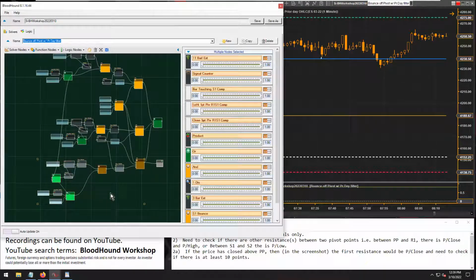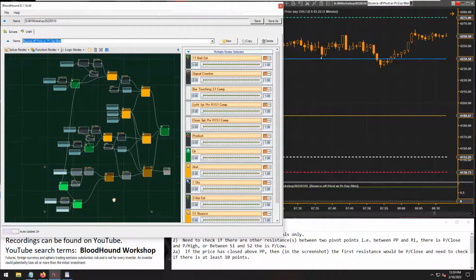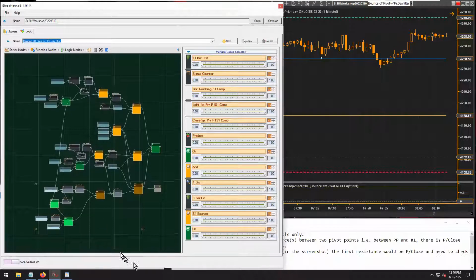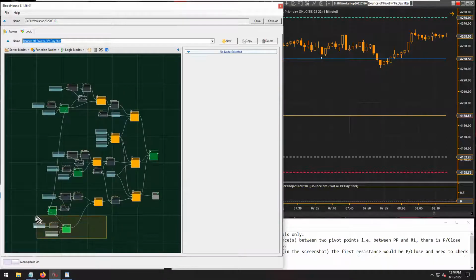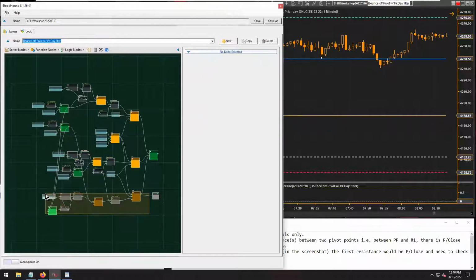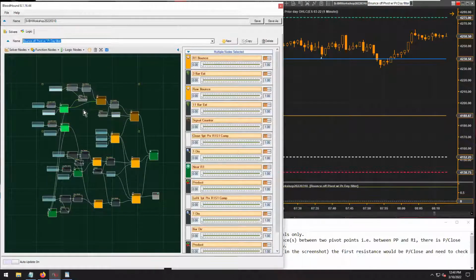However, you know what? Just for the sake of clarity, I'm going to keep it this way. I was thinking about bringing the S1 touch logic up here and combining this logic with this logic, reducing the number of nodes.